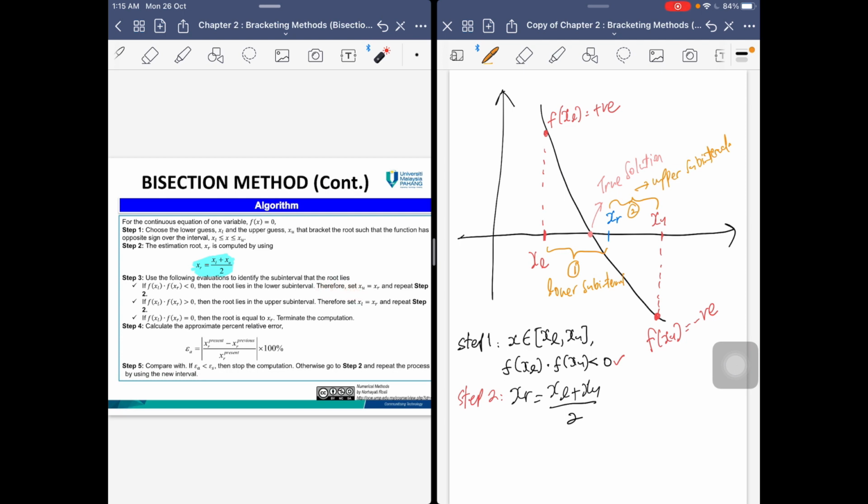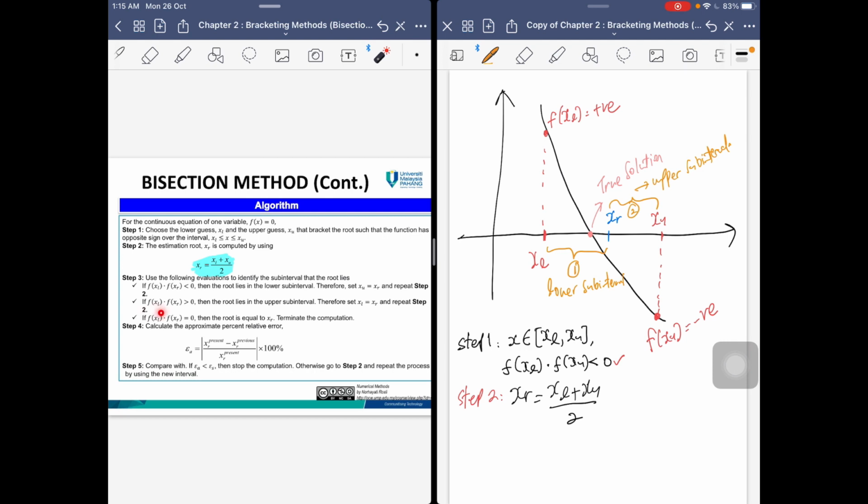We use only the first test condition, which is we check f(XL) multiplied with f(XR). It gives us either less than 0, greater than 0, or equal to 0. If f(XL) multiplied with f(XR) is negative, then the root lies in the lower subinterval. Then set our new upper XU equal to XR and repeat step number 2.